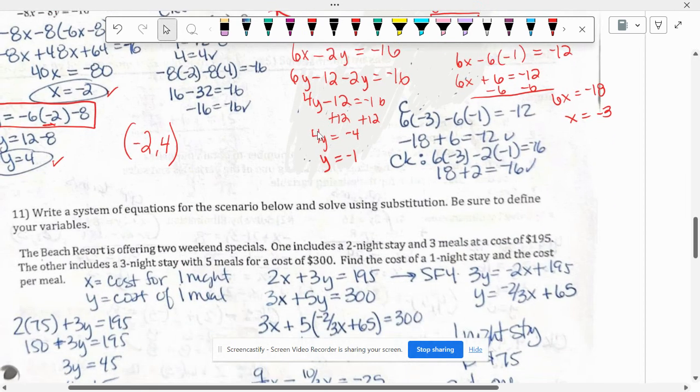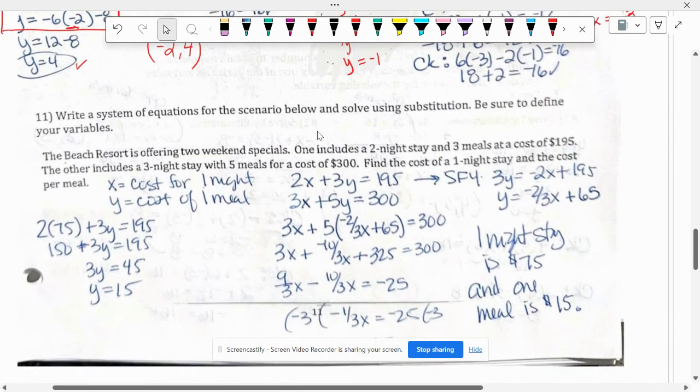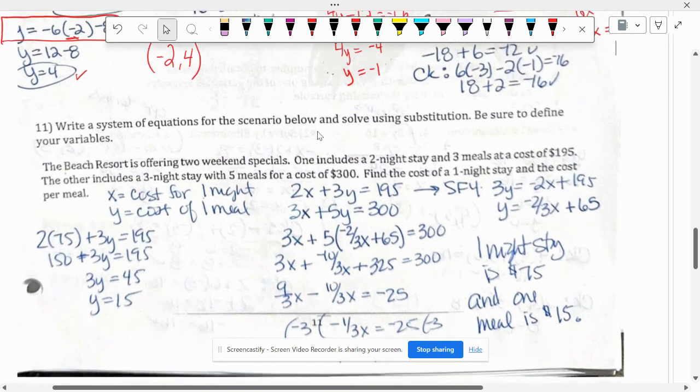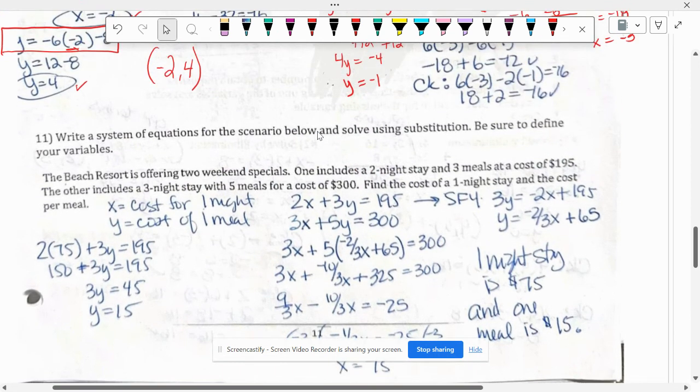All right, our last one, number 11. Actually I think we have two. No, this must be the last one. Number 11, we are writing a system of equations for the scenario below. The beach resort is offering two specials. The first one includes a 2-night stay and 3 meals for a cost of $195.